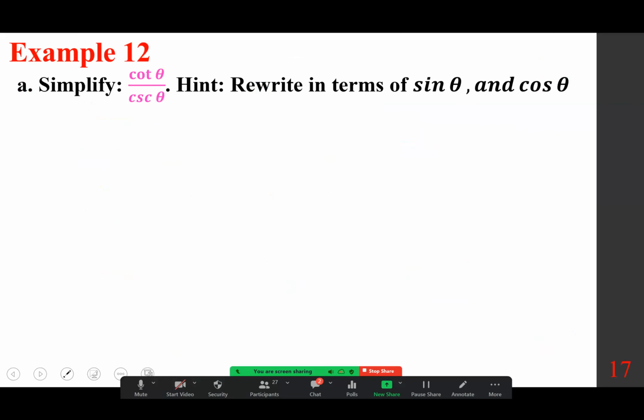We're going to move on. We want to simplify this expression. And as I mentioned, most of the time we go with sine and cosine. So that is the hint. But even without that, we're going to change the cotangent to cosine over sine.